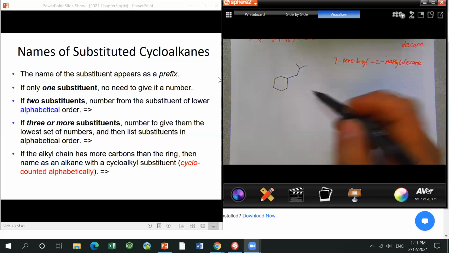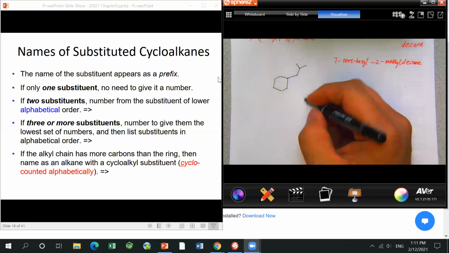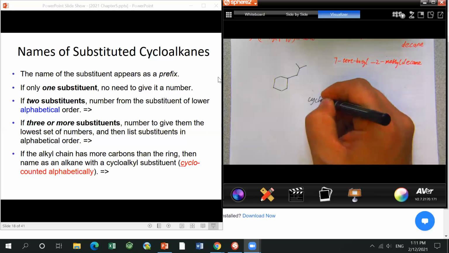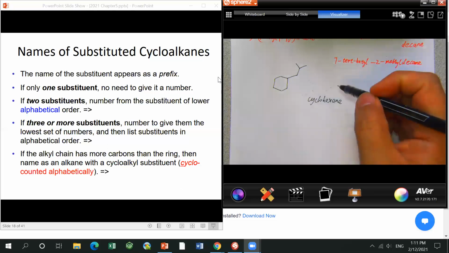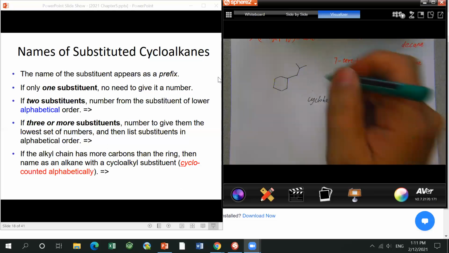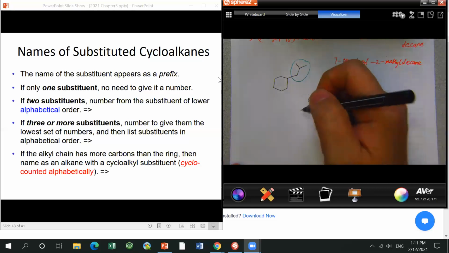For example, this one: the parent name should be cyclohexene. Does anyone know the substituent group name for this one? That's perfect, isobutyl. Better than this morning, when none of the students knew isobutyl.